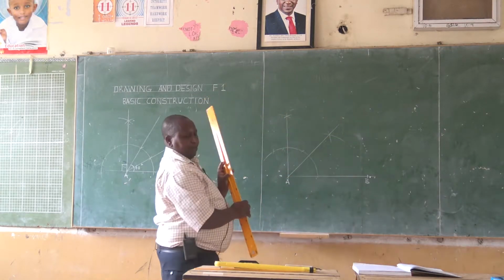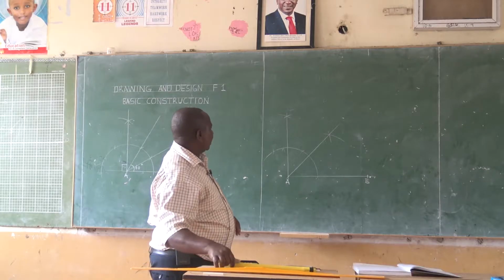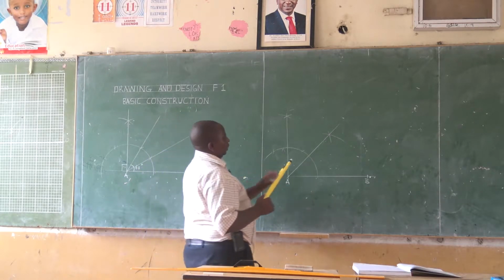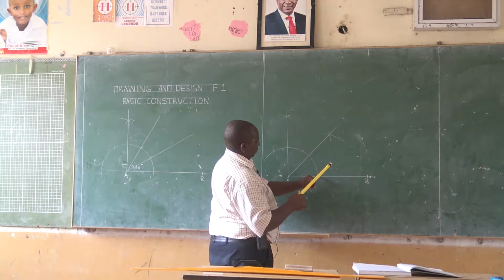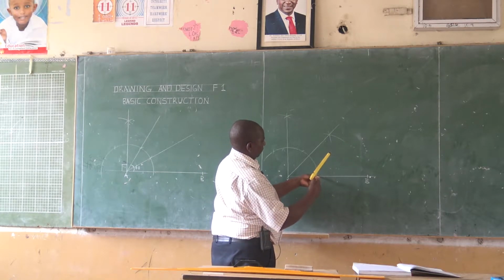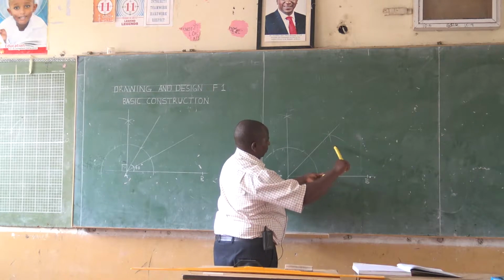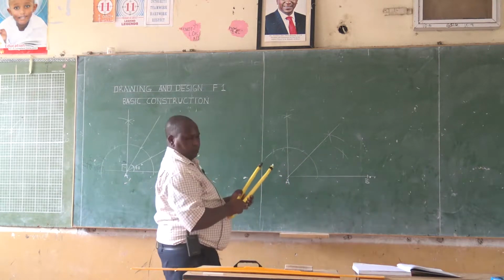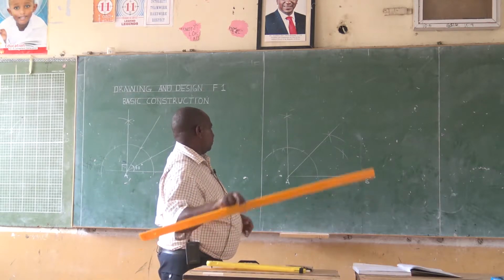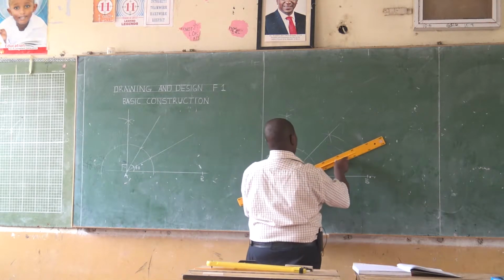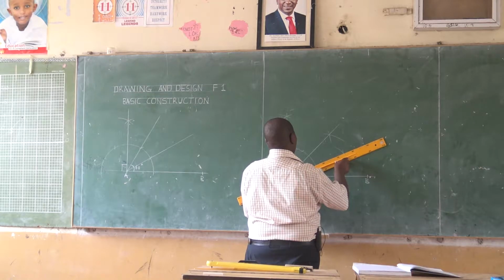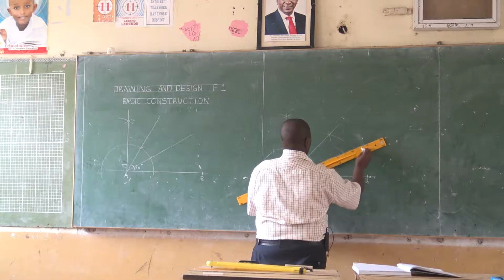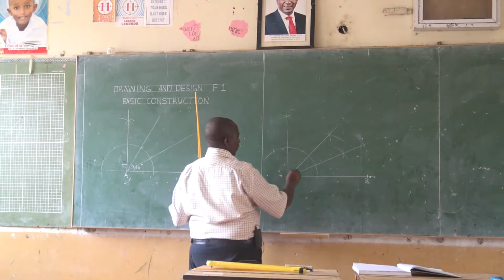But on subsequent bisection of the angle 45, you get 22.5 degrees.